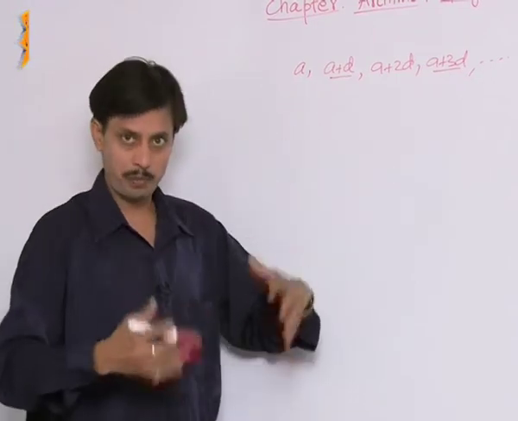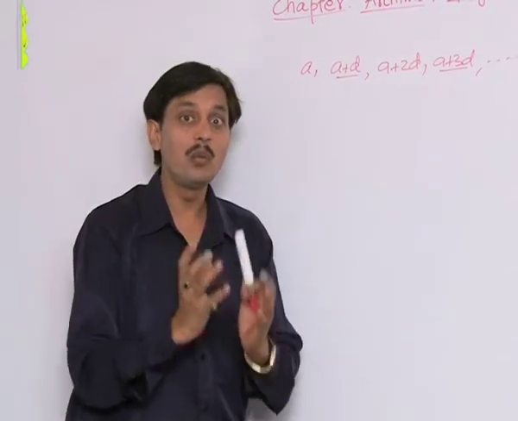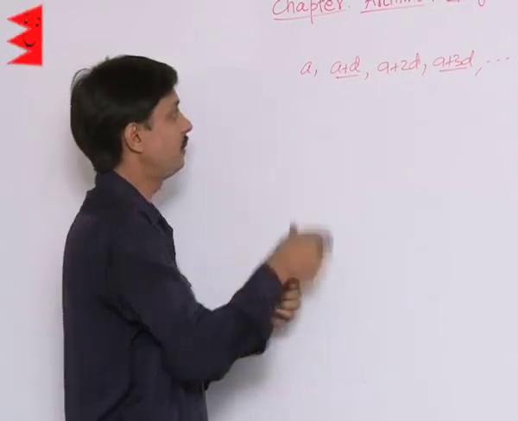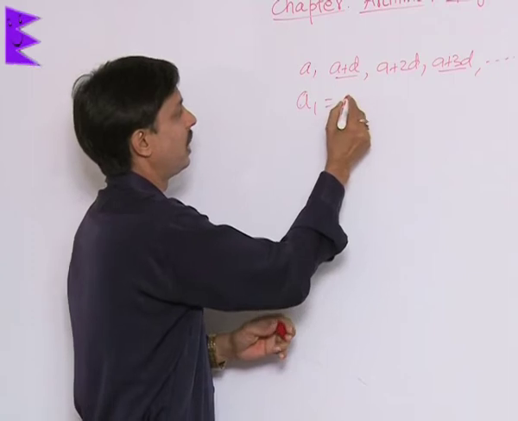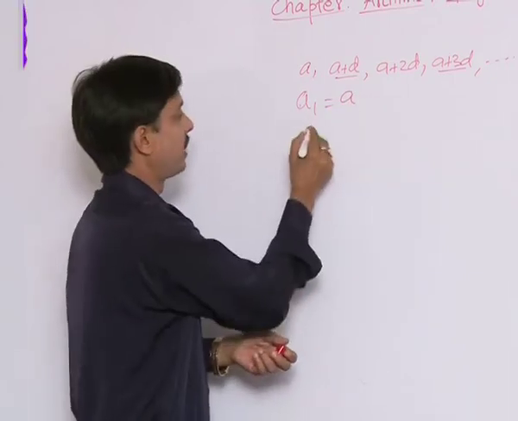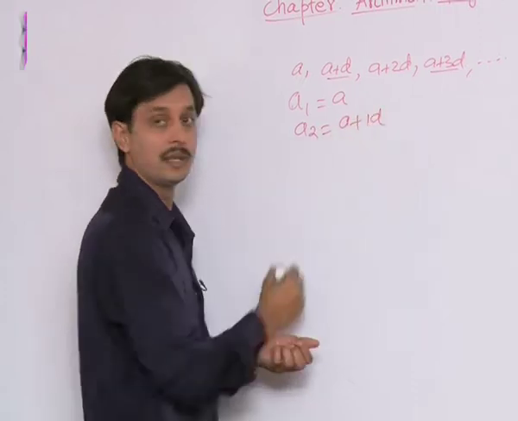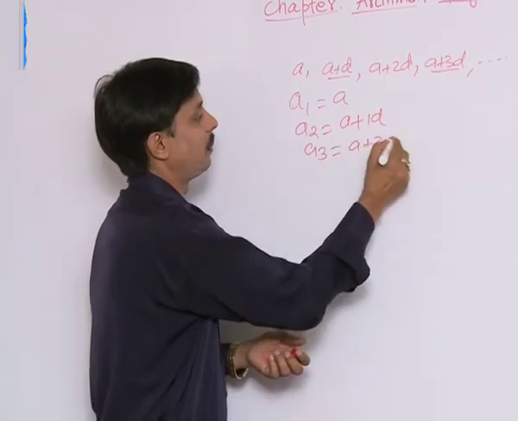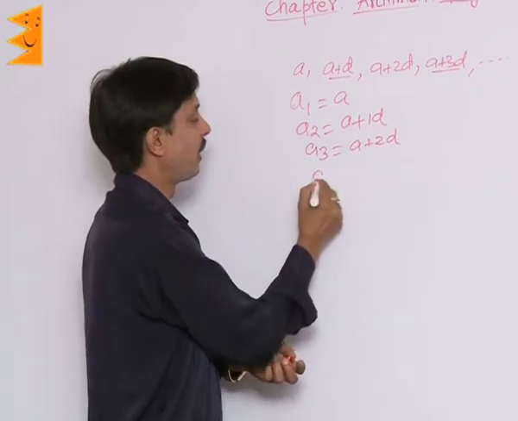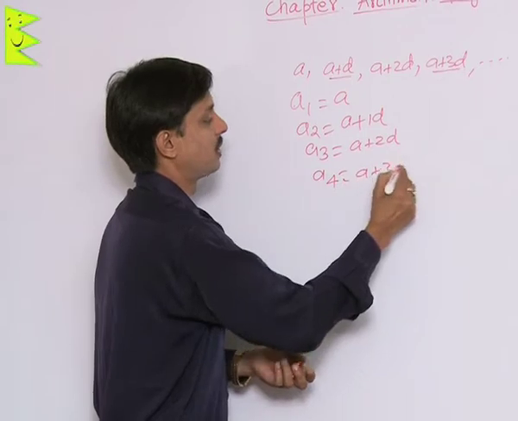Now, how do we find it? Suppose I write the first term A1, the first term is A. The second term I write A2, it is A plus 1D. If I see the third term, it is A plus 2D. The fourth term is A plus 3D.